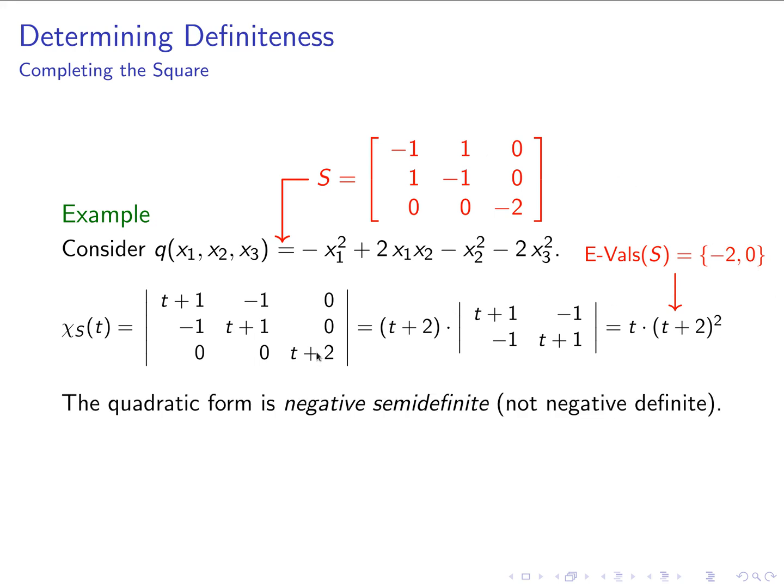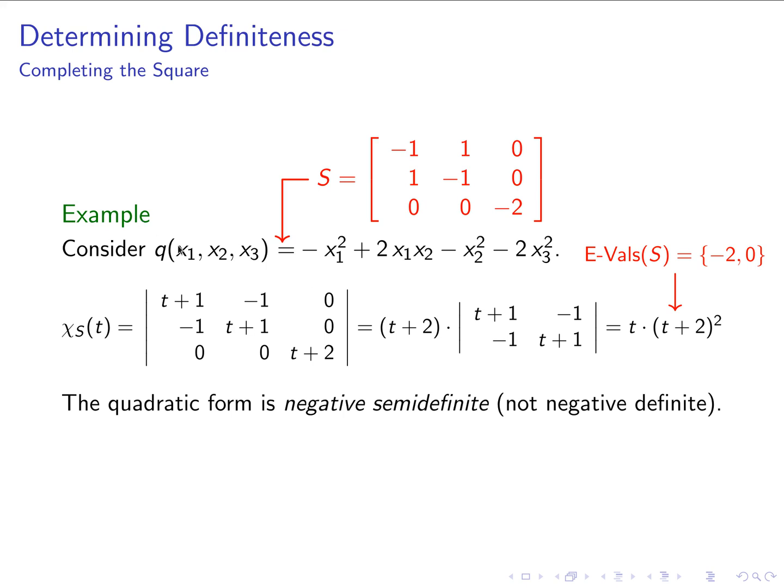This tells us that the quadratic form is negative semi-definite because both of these eigenvalues are not positive. But this is not a negative definite quadratic form because one of these eigenvalues is 0, which is not negative. So we now know that this quadratic form is negative semi-definite, but not negative definite.